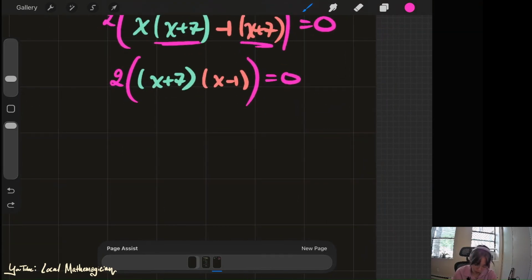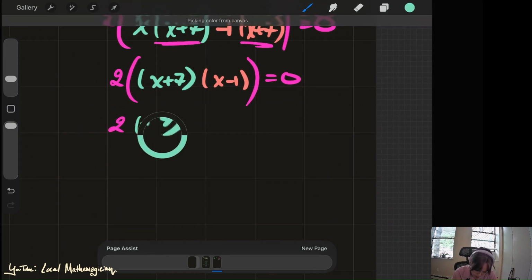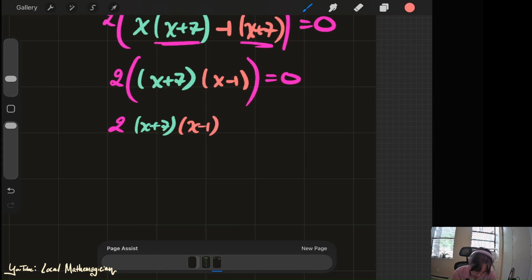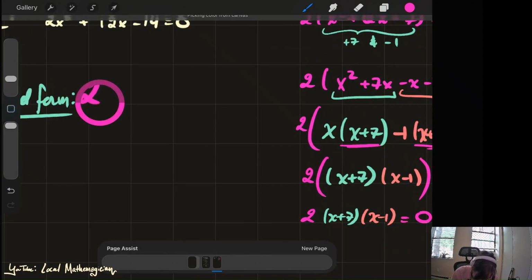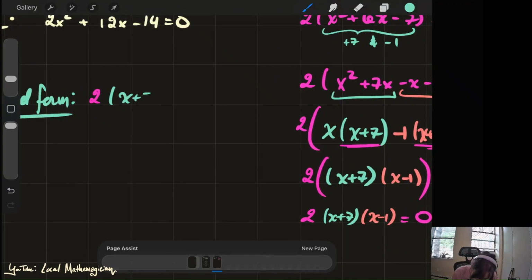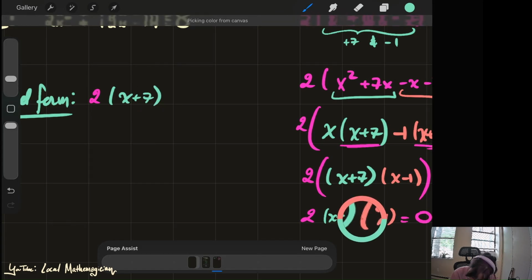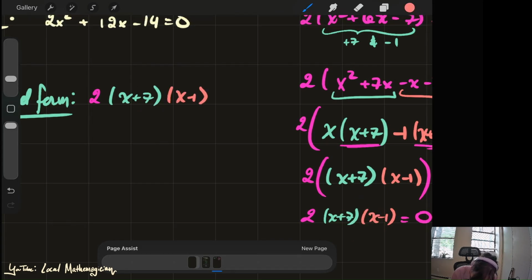But of course, since this is all being multiplied, we can faithfully write it as 2x plus 7, x minus 1, and this guy's going to equal 0, right? So in factored form, we have 2 parentheses x plus 7 parentheses x minus 1 is equal to 0, right?